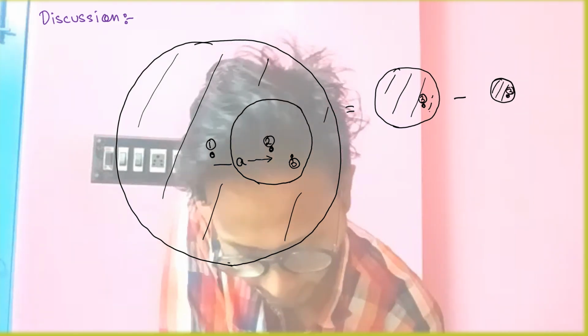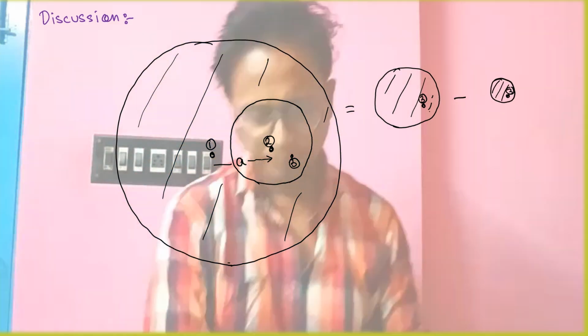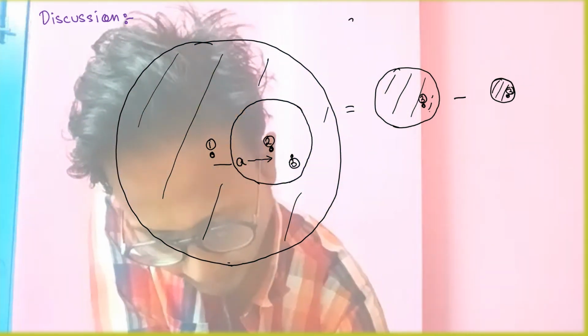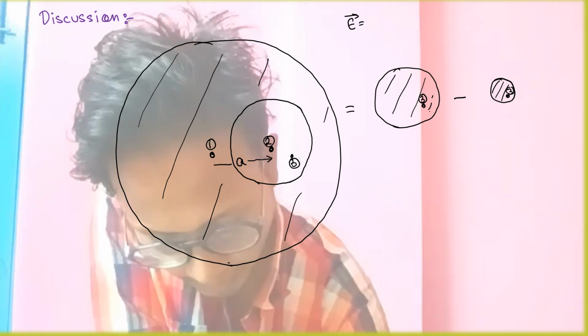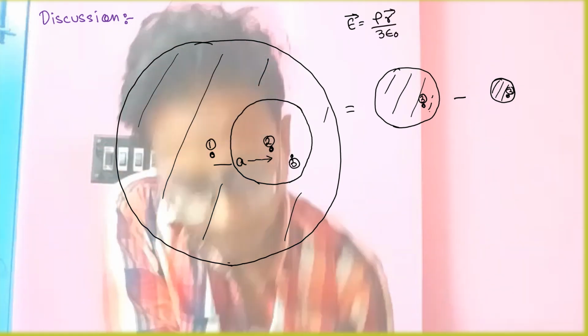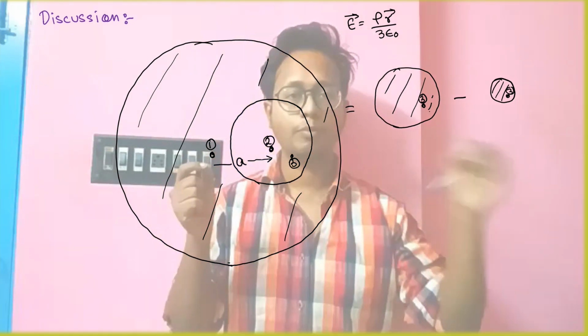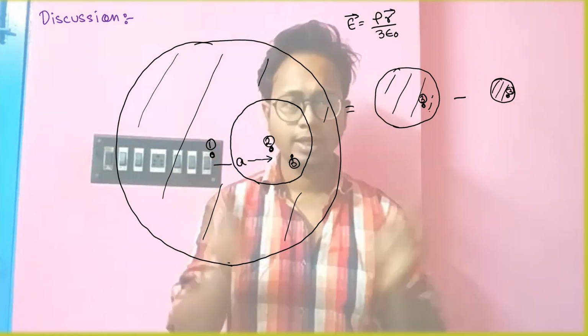Now, what is the electric field due to a solid sphere? E is equal to rho r vector by 3 epsilon naught, where r vector is nothing but the vector from the center of the sphere to the point at which you have to find out the electric field.